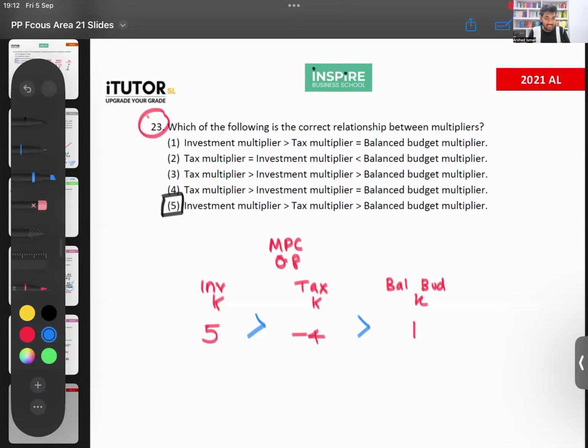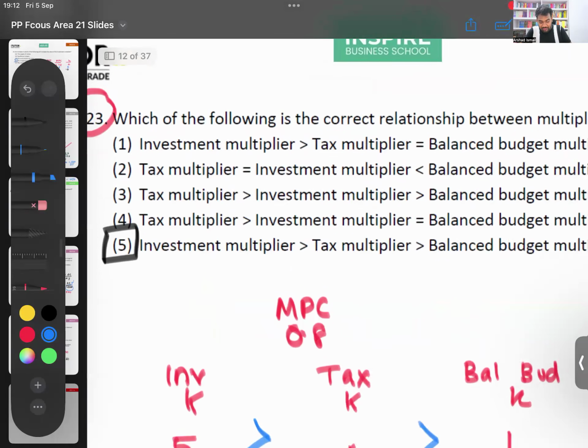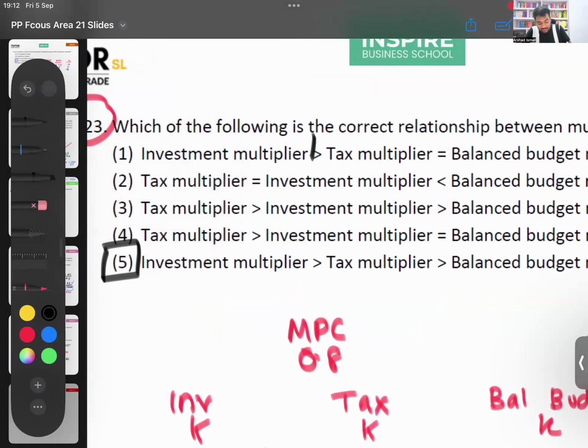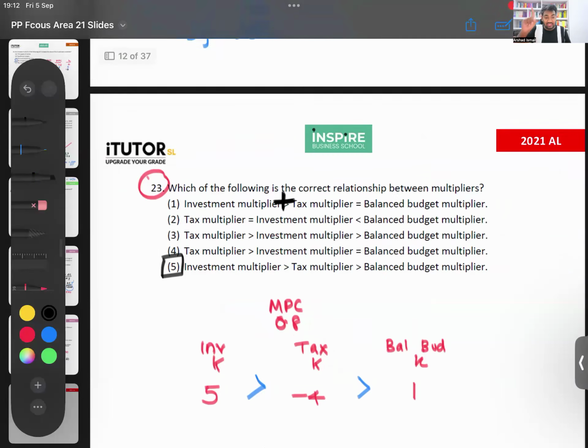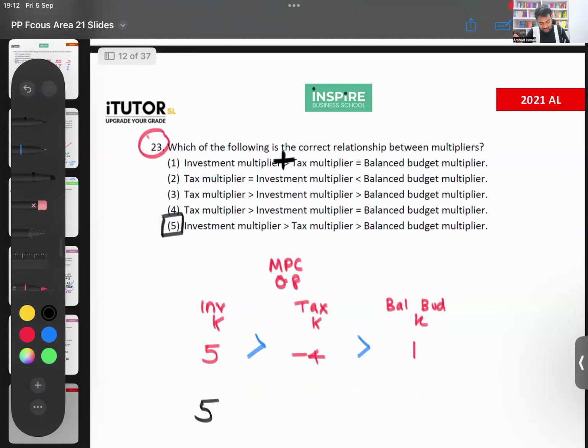I agree. But that is not a plus sign there. Now, 1 would have been correct if this was a plus sign. Then you can say investment multiplier 5 plus the tax multiplier of -4 will equal the balance budget multiplier of 1. It is not a plus sign, it is a greater sign.